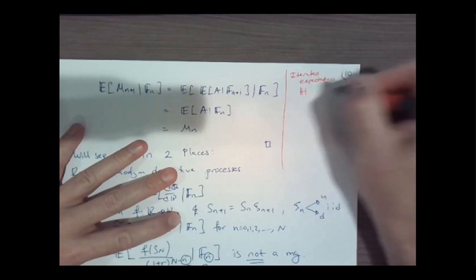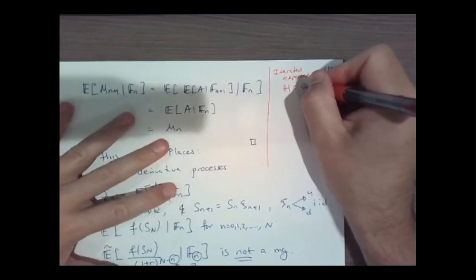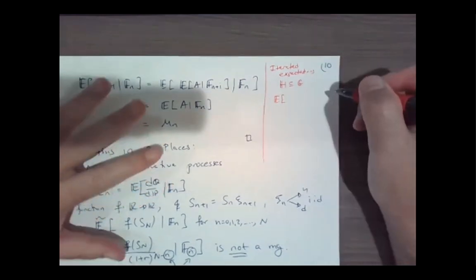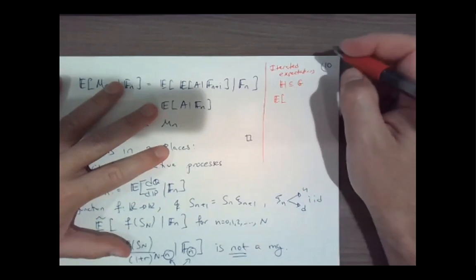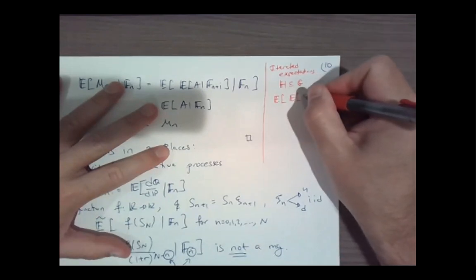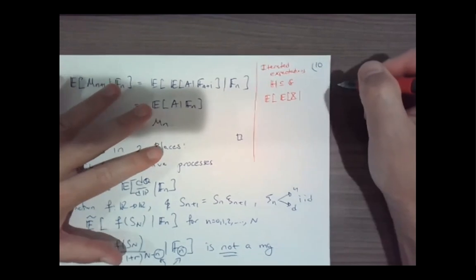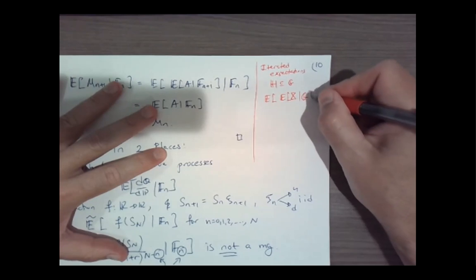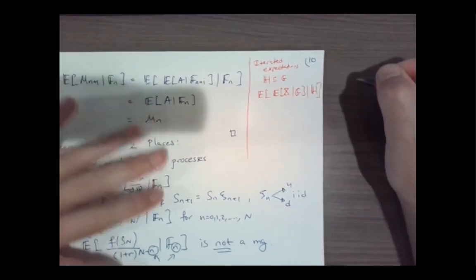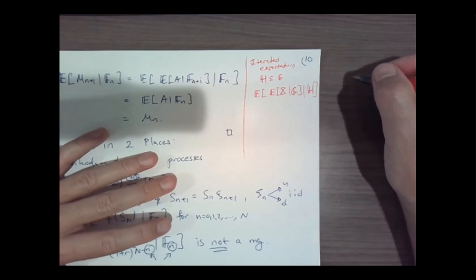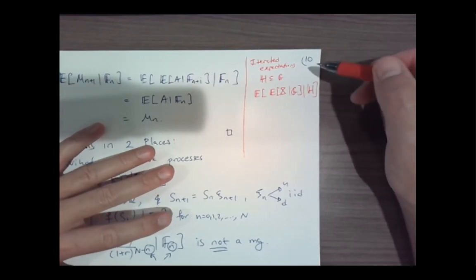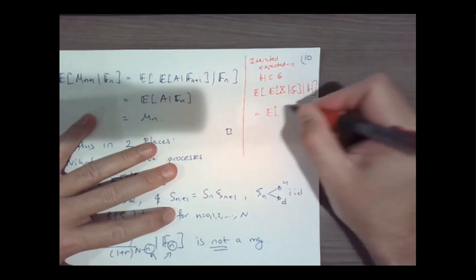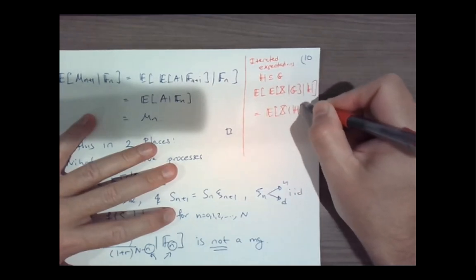When you wrote down the properties, we had an H inside a G. So what I did was you condition first the random variable on, say, G, and then you condition on H. And then the claim is that this here is equal to X given the small one.